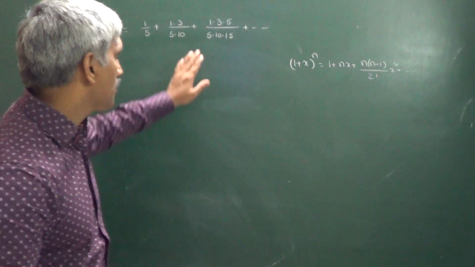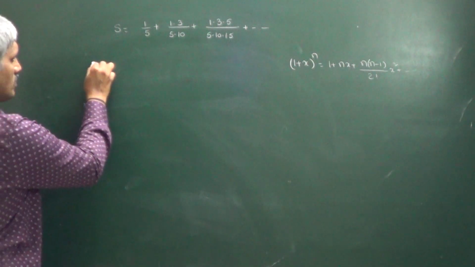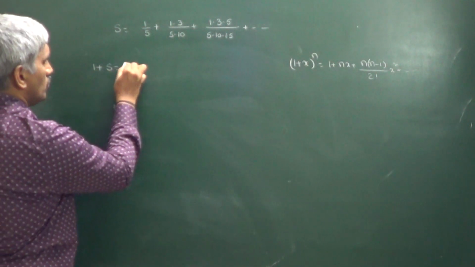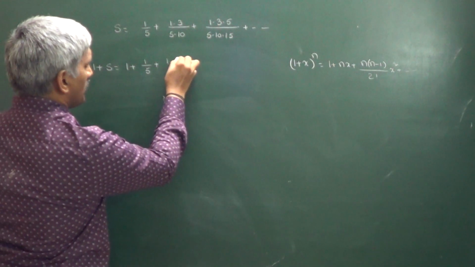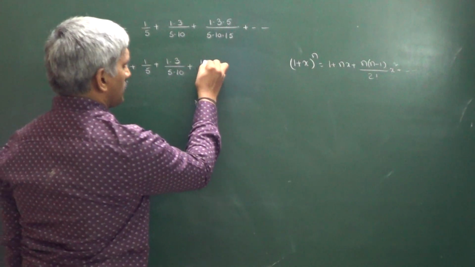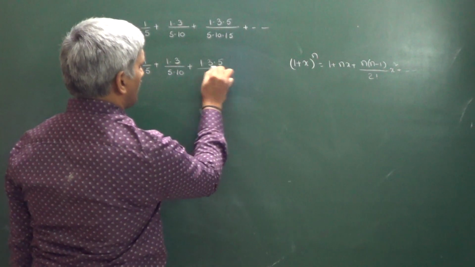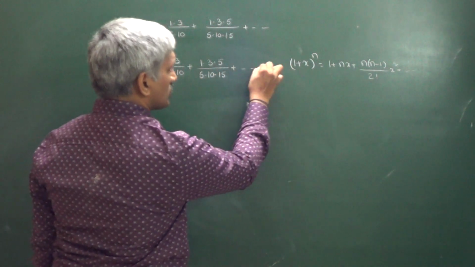So now compare this one with this. Okay. So what is missing? 1 plus s is equal to 1 plus 1 by 5 plus 1 into 3 divided by 5 into 10 plus 1 into 3 into 5 divided by 5 into 10 into 15 plus and so on.